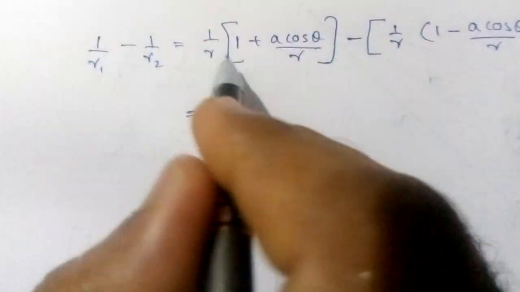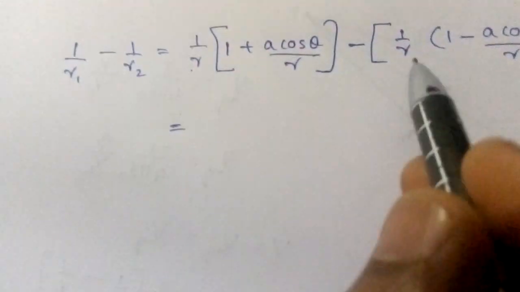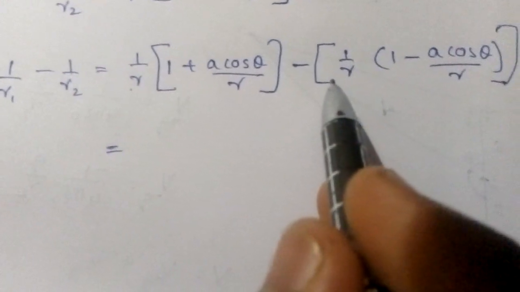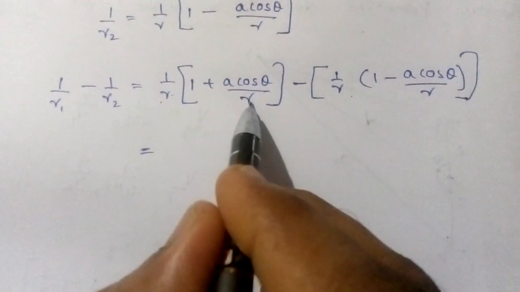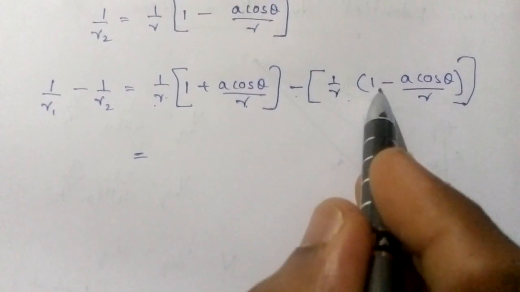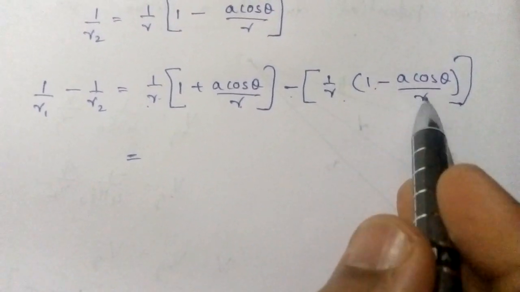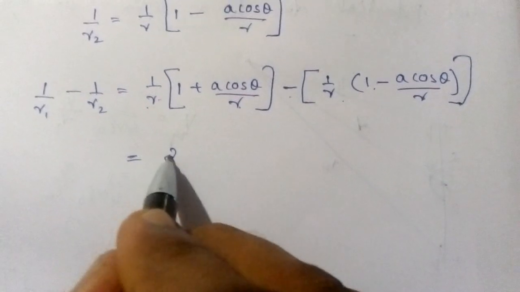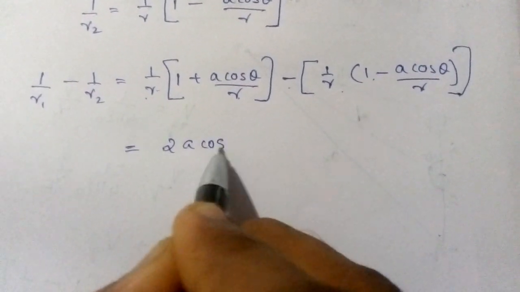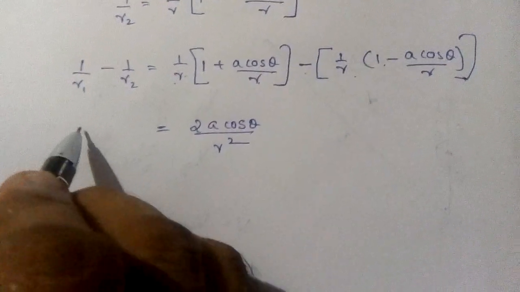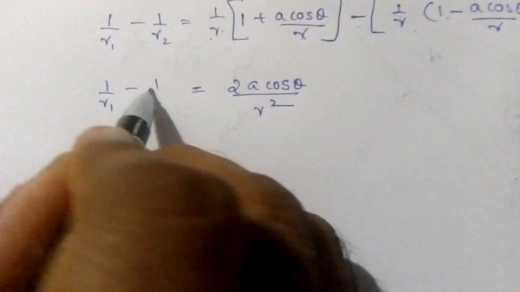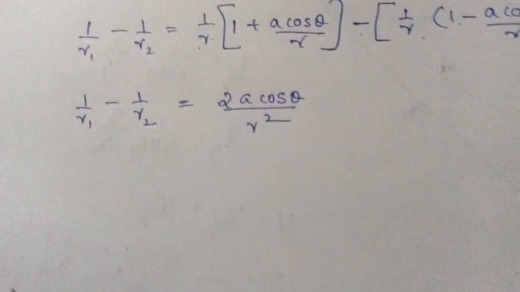We can simplify: this is 1 by R and this is minus 1 by R, so that will cancel. Here A cos theta by R squared minus of minus, so plus A cos theta by R squared, so we will get 2A cos theta divided by R squared. That is 1 by R1 minus 1 by R2.